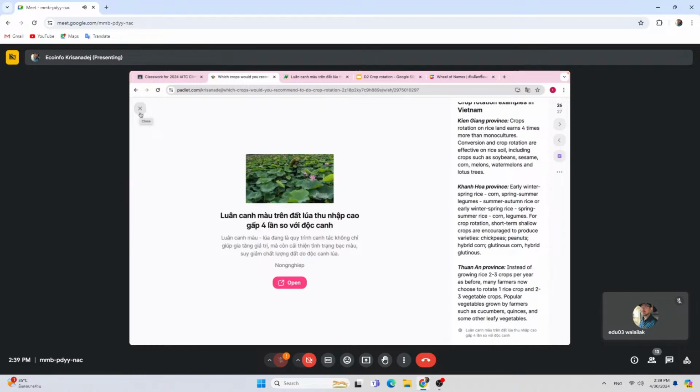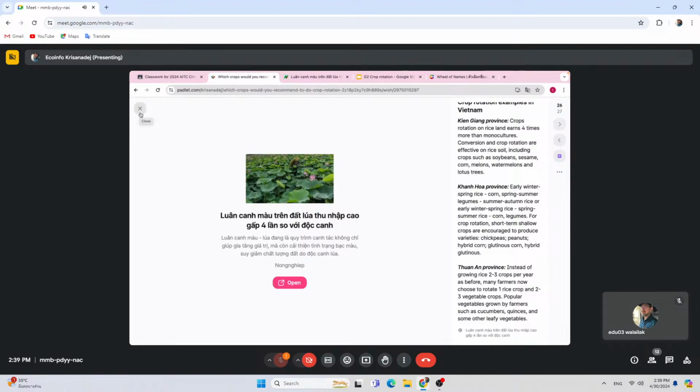Any questions? Any curiosity from our participants? Okay. I like the idea that Vietnam presented. The idea here is that the rice farmer, once they finish rice, then does 2 more crops on that same piece of land per year.